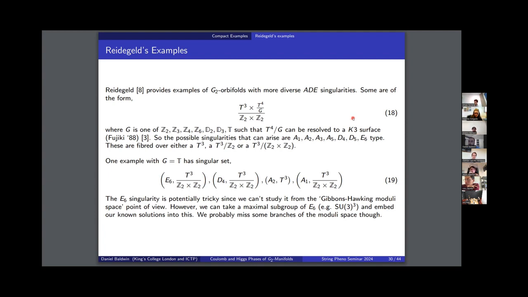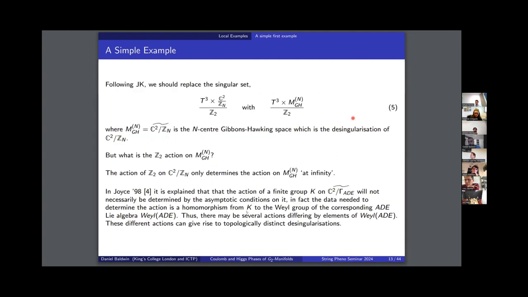You can get these automorphisms. And indeed, when I mentioned this work of Dominic Joyce, actually the homomorphism should be from K into the outer automorphism group semi-direct product with the Weyl group. You can flip the whole diagram. So sure, probably you can say something more general if you consider that as well.